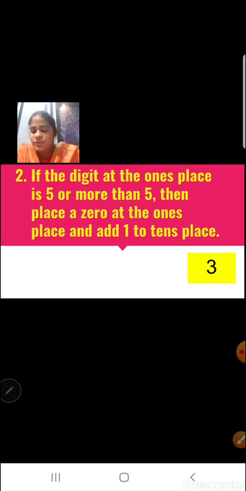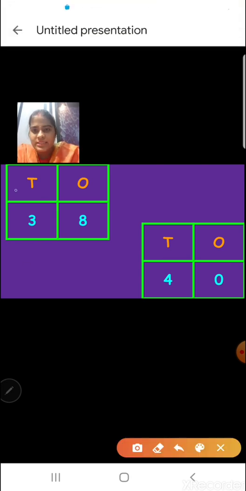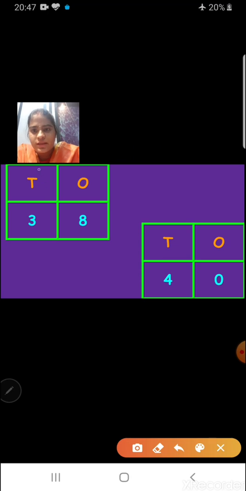Let us see with the help of an example. Here we have the number 38. For rounding off the number to the nearest tens place, we first look at the number in the ones place. If it is 4 or less than 4, we put a 0 in the ones place and the tens place will not change. But here, as you can see, the number is more than 5.